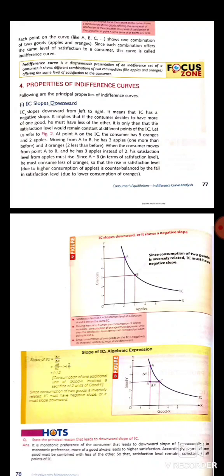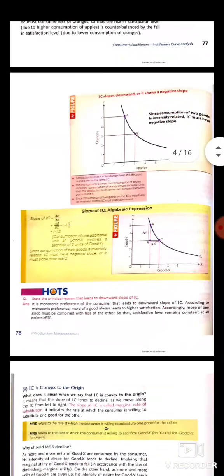So at point B, a consumer has 3 units of oranges while he has 3 units of apple. So to gain 1 more unit of apple, he has to sacrifice 2 more units of oranges. That is why the slope of the IC curve will be downward.